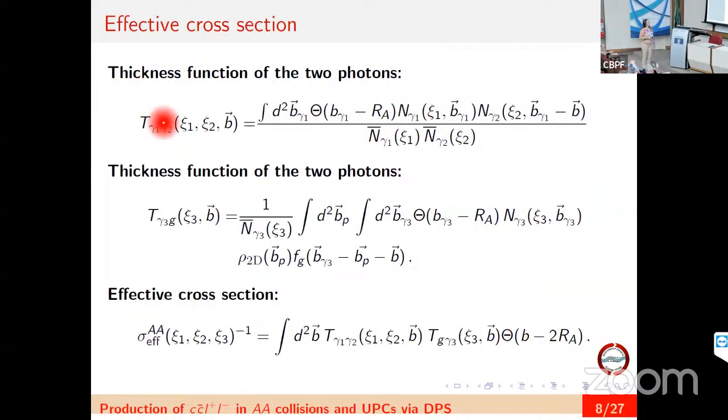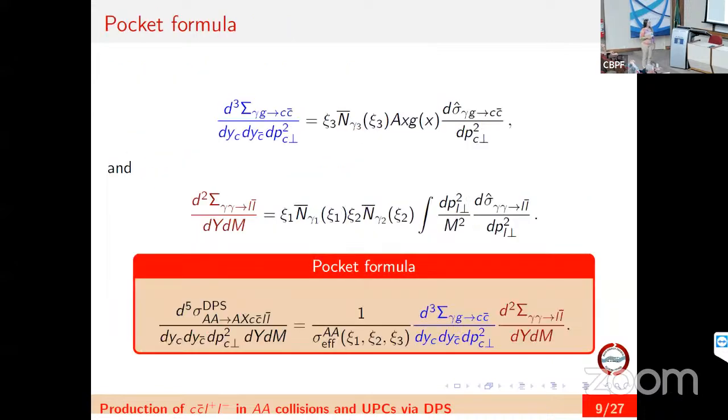We put it here to give some physical meaning to that. Then we recovered that general formula I showed before, and we can think of these as partial cross sections, and divided by the effective cross section, we recovered completely that general relation. So this is our equivalent pocket formula. It's not so trivial, but it can be done.